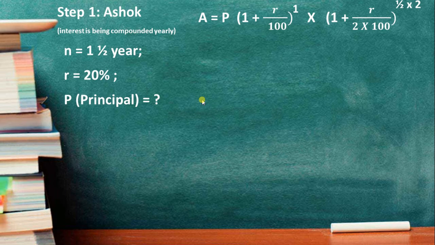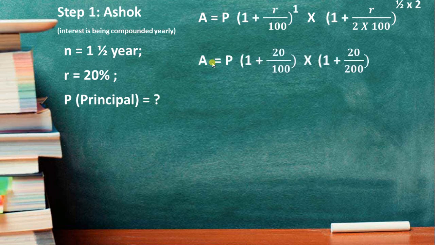In step 1, let us consider Ashok, where interest is being compounded yearly. So use the formula amount is equal to P into 1 plus R by 100 whole to the power 1 into 1 plus R by 2 into 100 whole to the power 1 by 2 into 2. Substitute P as P itself, R as 20%.